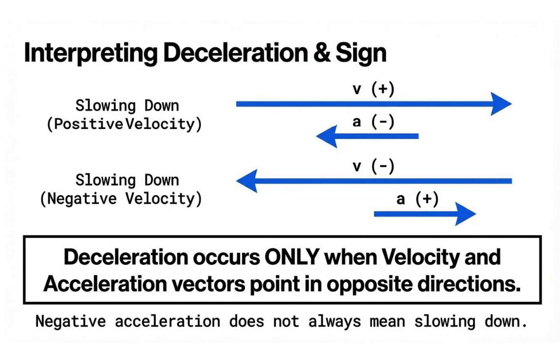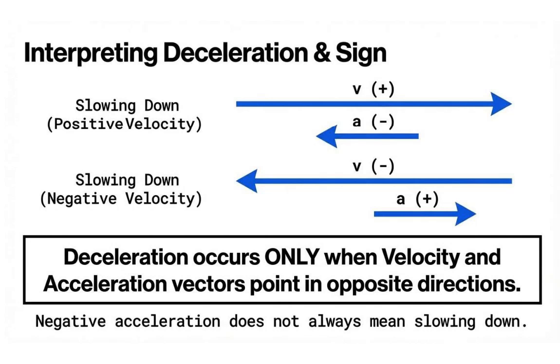When we talk about deceleration, it's important to understand the relationship between velocity and acceleration vectors. Deceleration happens only when these two vectors point in opposite directions. For example, if an object has a positive velocity, meaning it's moving forward, and its acceleration vector points backward, it will slow down. Conversely, if an object has a negative velocity, moving backward, and its acceleration vector points forward, it will also slow down.